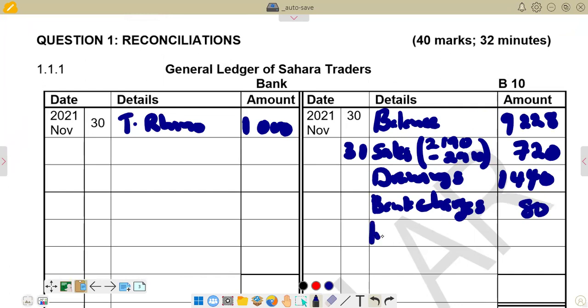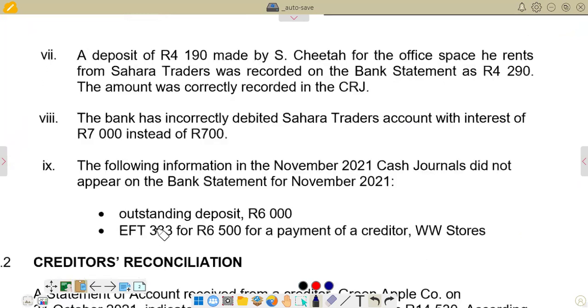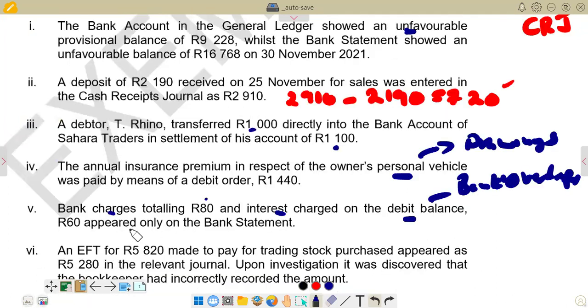We can just say interest on overdraft. And then the interest on overdraft that we have is 60. And then we go back again to check what else we have according to the next transaction. So we are here on the next transaction. It's on item 6. Let's try to see the details of item 6.